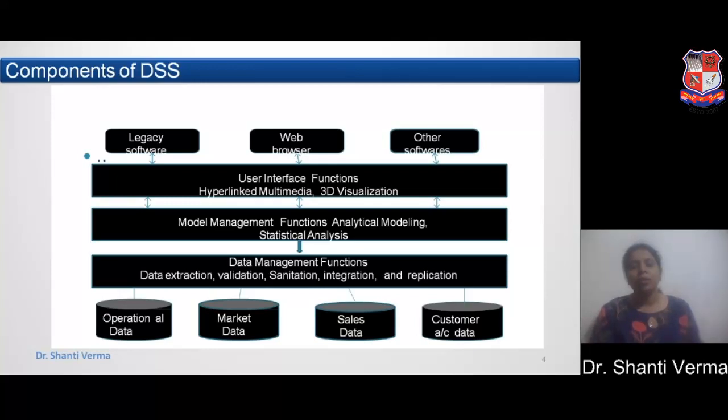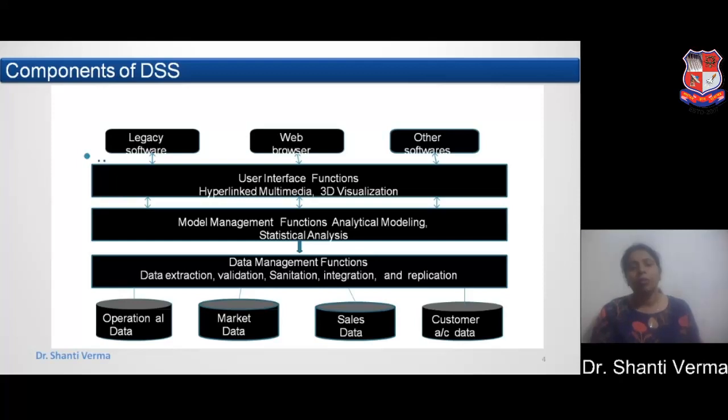Above the data management function, there is a model management function. For making a model, there are 2 types of modeling techniques, that is the analytical modeling and the statistical modeling. Above the model management function, there is a user interface function that supports the hyperlink linked multimedia and the 3D visualization of the dataset.